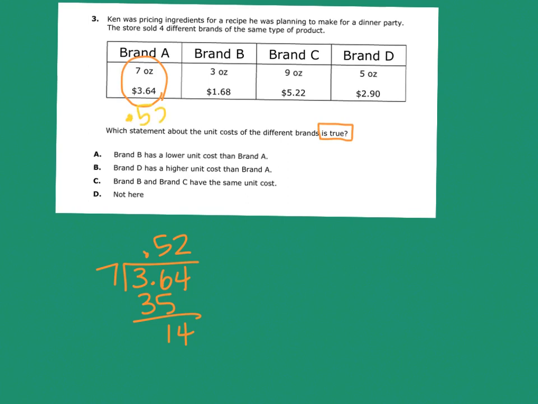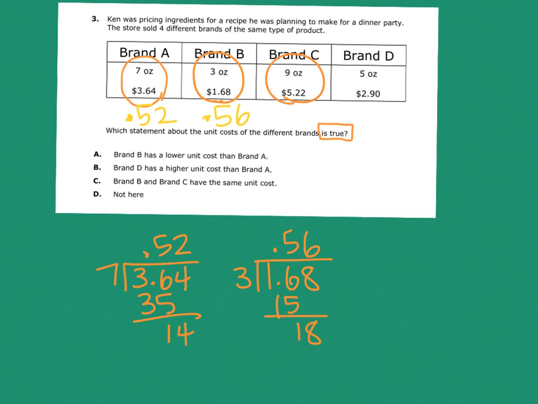Then the second one, 3 divided into $1.68, is going to be 56 cents.